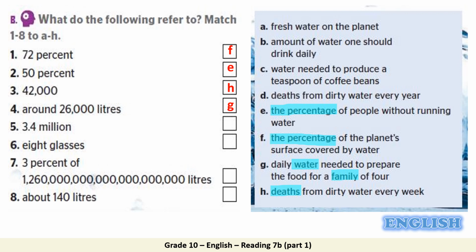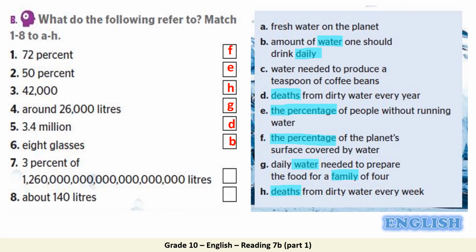It's related to, excellent, the number of deaths from dirty water every year. The answer D. Number 6. 8 glasses. Of course, glasses of water. It's related to, very good, the answer B. Amount of water one should drink daily.